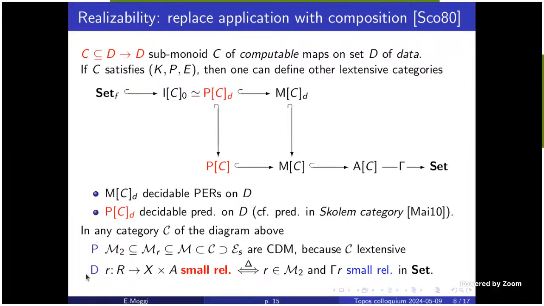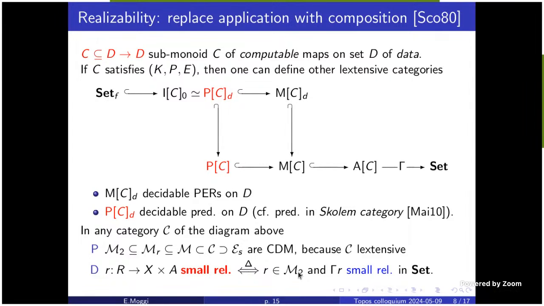Okay, and now I'm ready to define what I mean by a small relation in any of these categories in this diagram here. I just leverage the notion of small relation in Set. So a small relation in any of these categories is a decidable relation.